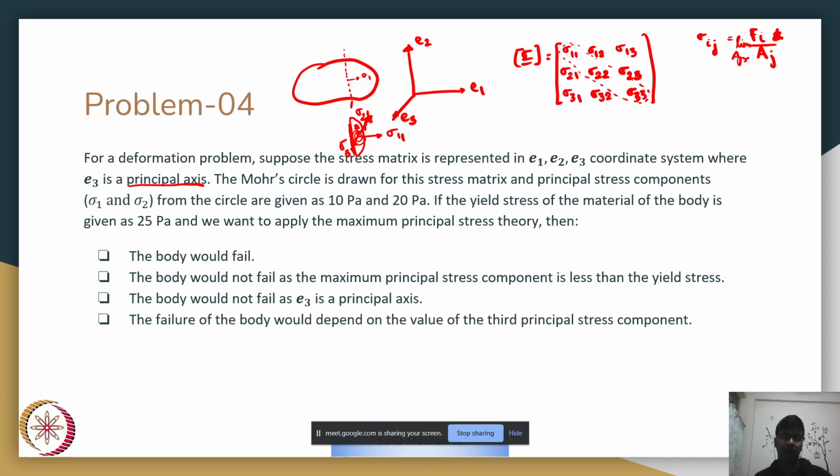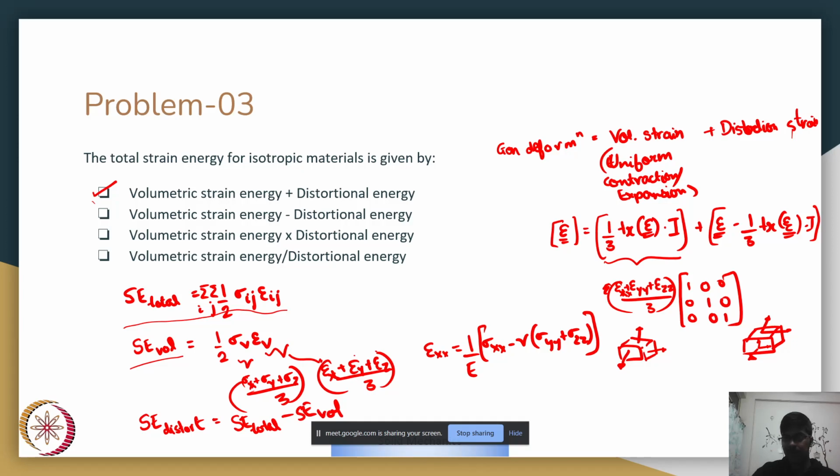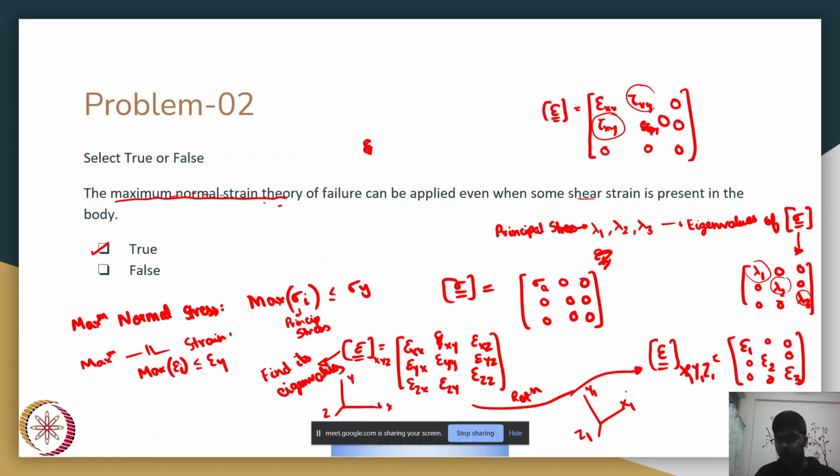And as soon as you have a principal axis, so if you remember, we did this here, your general state of stress or a general state of strain will be transformed to simply a diagonal matrix. For stress, it would be a diagonal matrix like this: lambda 1, lambda 2, lambda 3.